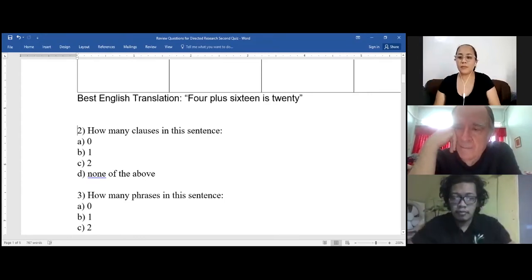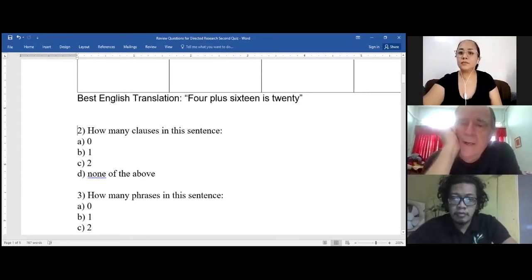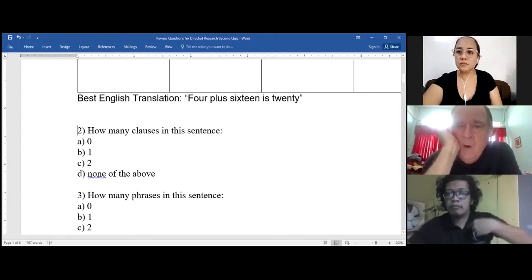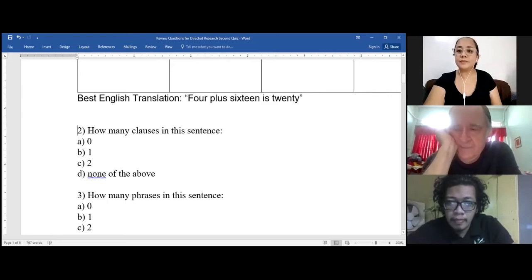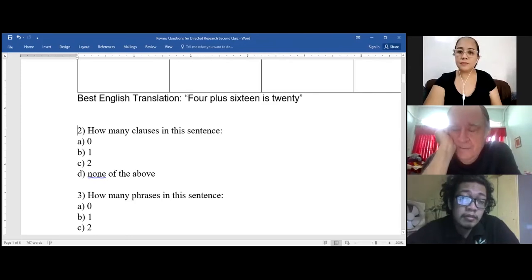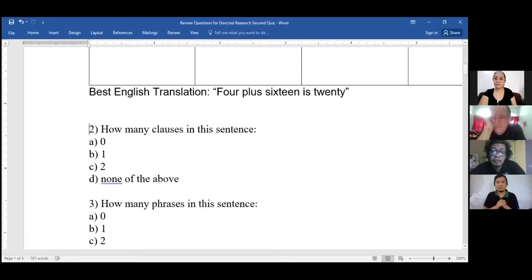Okay, so the main clause would be 4 plus 16, 20. And 4 plus 16 is the embedded clause.